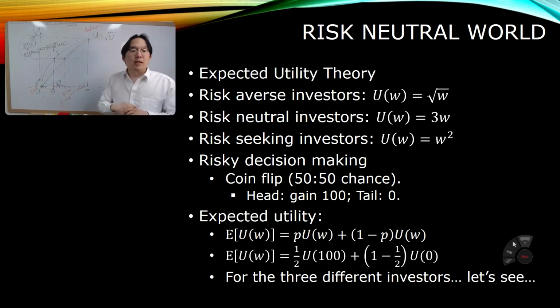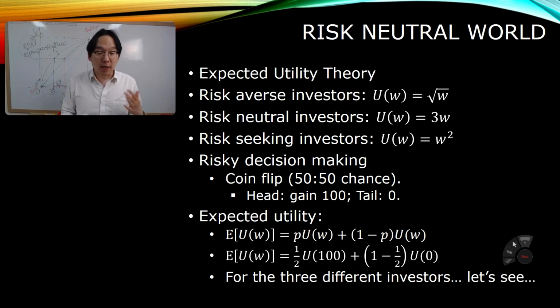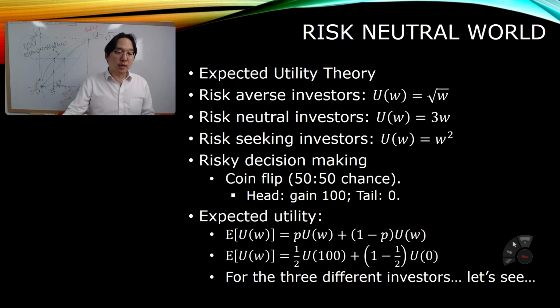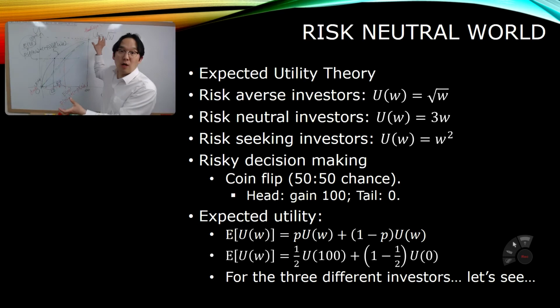Now, risky decision making, the coin flip, 50-50 chance, right? Head you gain 100, tail you gain nothing. Just to simplify our discussion. And this expected utility should be like this. Just as I showed you before, it should be nothing but the probability weighted average of the utility at the end of each state of nature. Head, tail, right?